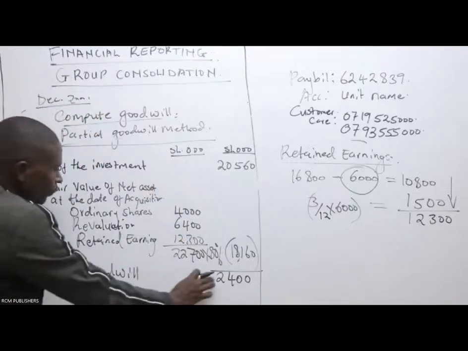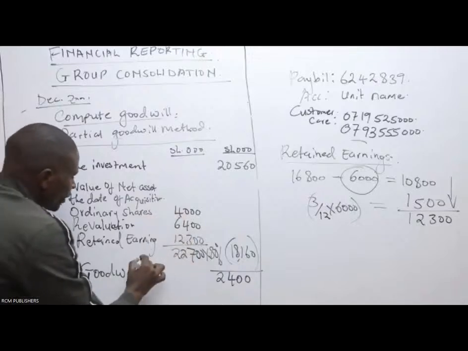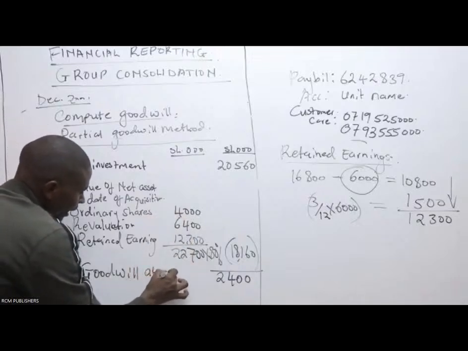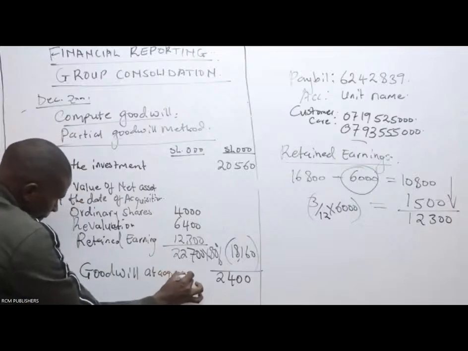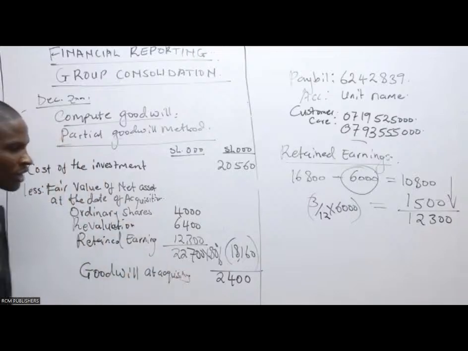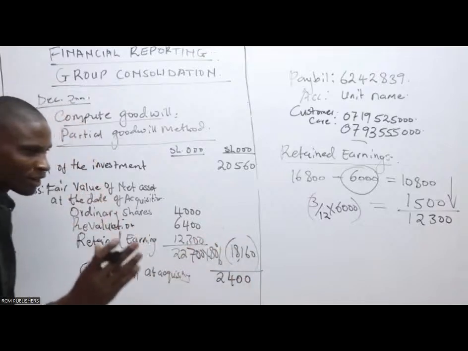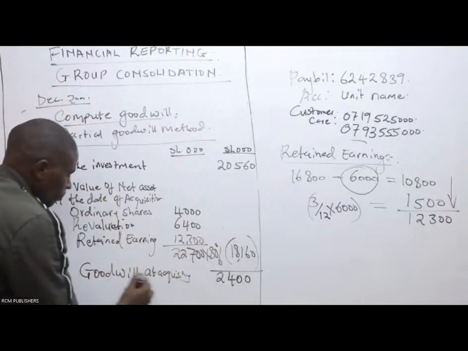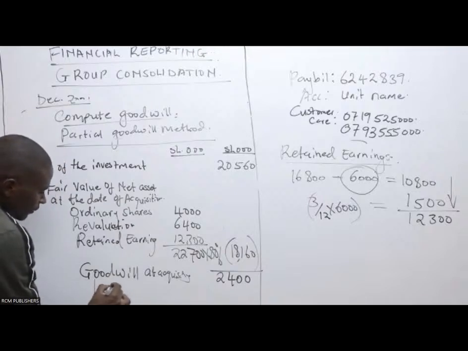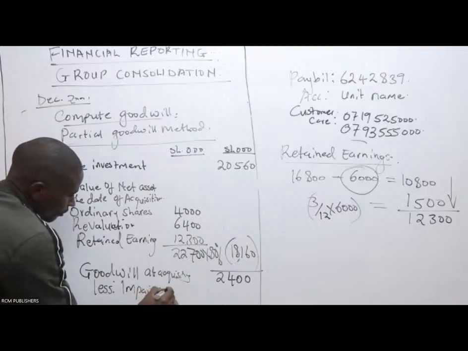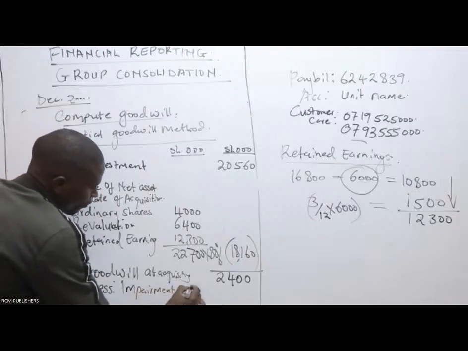So this goodwill is what qualifies to be called goodwill at acquisition, when it was acquired. Therefore, this goodwill is not what we take to the financial position because we have to less impairment. We less impairment of 25%.